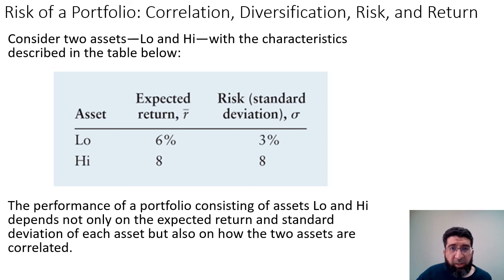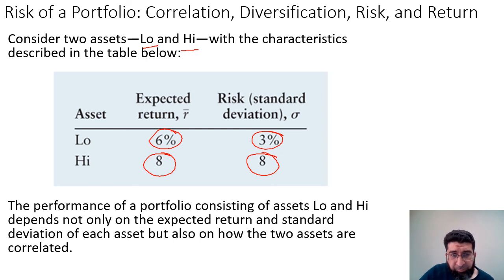Consider two assets, low and high, with the characteristics described here. So low has 6% return for the risk of 3%, while the high asset has 8% return, which is higher than the low return, and risk is also high. Now the performance of a portfolio consisting of assets low and high depends not only on the expected return and standard deviation, but also on how the two assets are correlated.